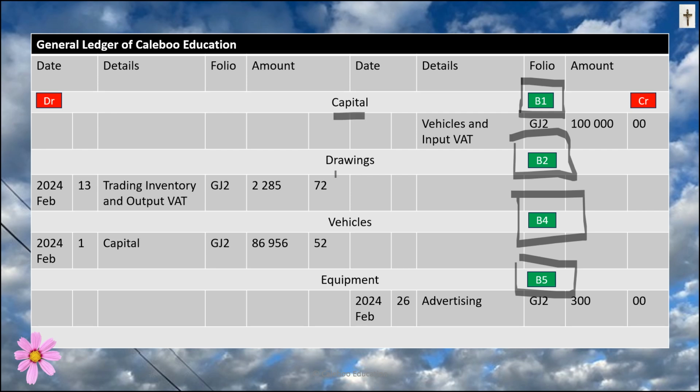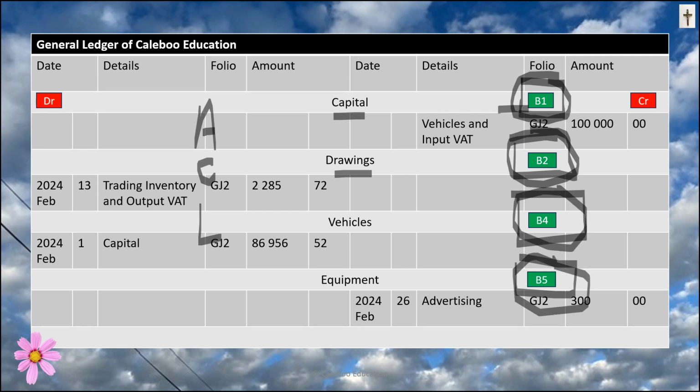These accounts that start with a B are asset accounts, capital accounts, and liability accounts. The B stands for balance sheet, but these days it's called a statement of financial position. But this is the folio reference for these ledger accounts.